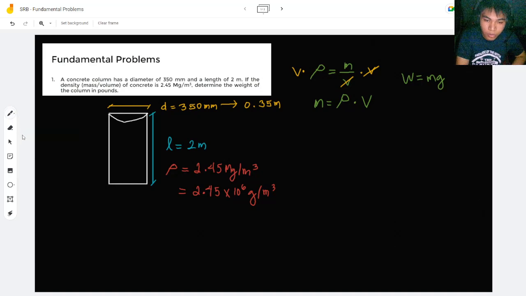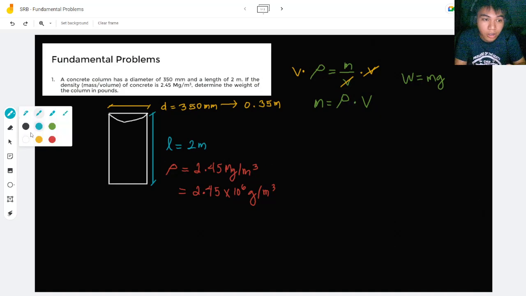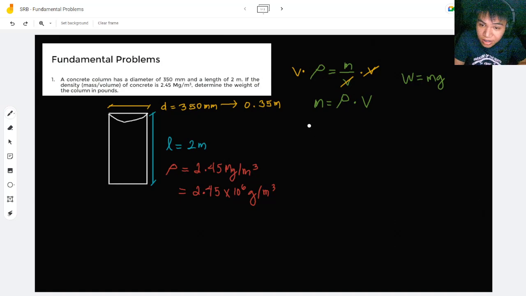So first, we have to get the volume, since we're given the density already. How do we compute the volume of a cylinder? Well, you have to recall your geometry that the volume of a cylinder is equal to pi r squared times the height.